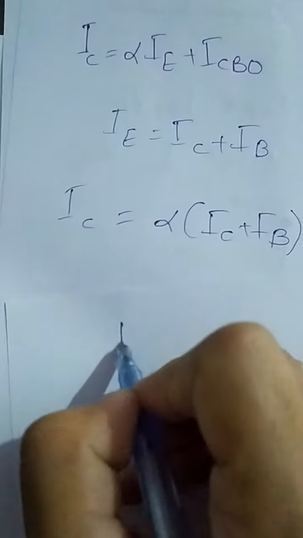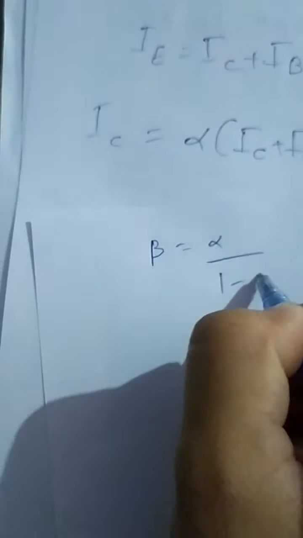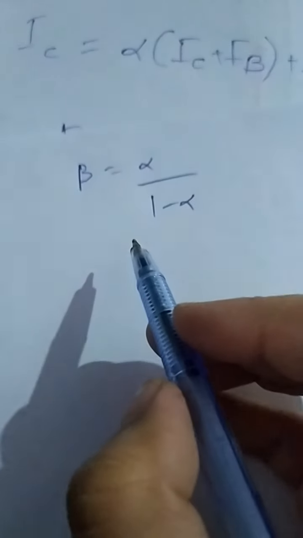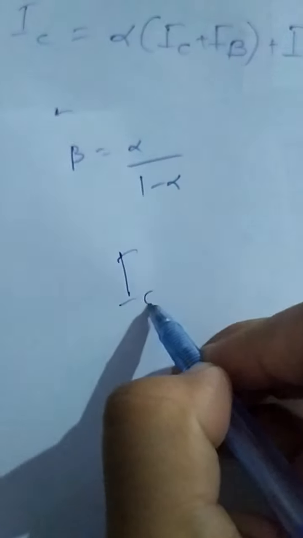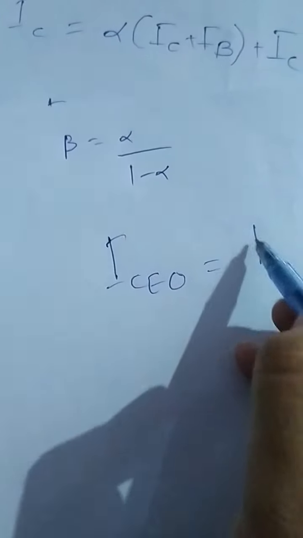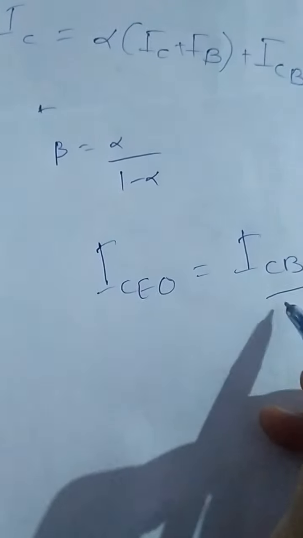So as we have written that beta is equal to alpha over 1 minus alpha, and we have also derived that ICEO is equal to ICBO over 1 minus alpha.